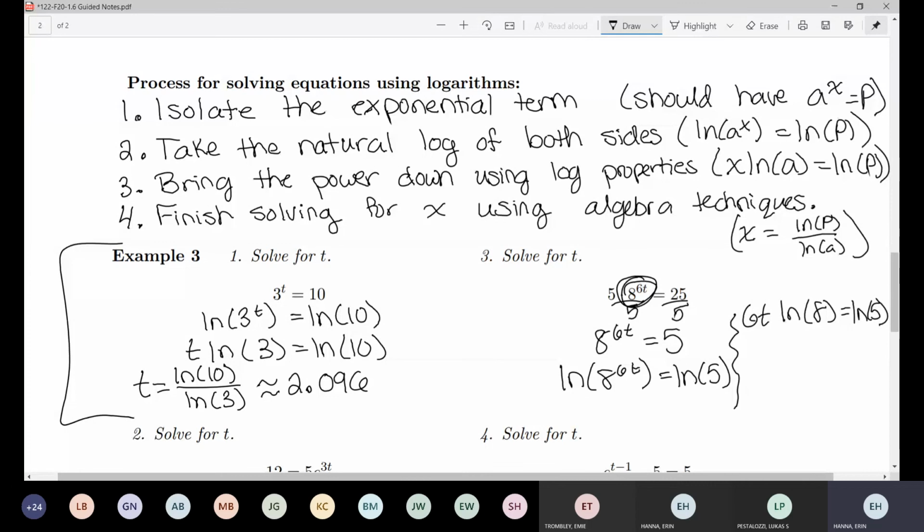How does making 25 into 5 help isolate 8/6? Because we had this multiplied by 5 in the front. So I needed to divide both sides by that 5 to get it away from my exponential term. That's exactly what I did. Divided both sides by 5 because I needed to get this away from my exponential term.